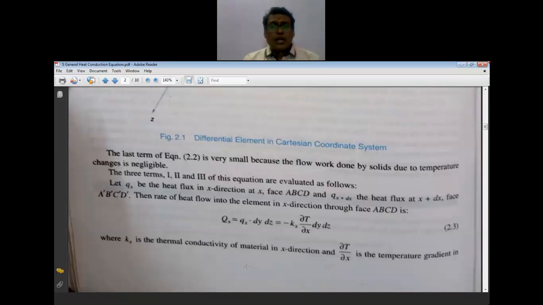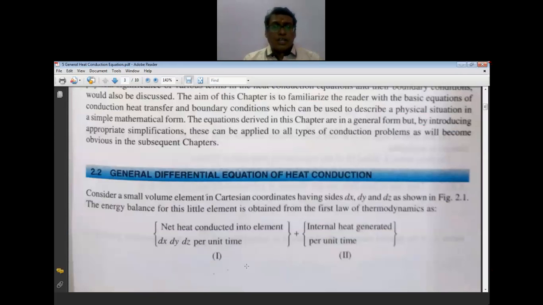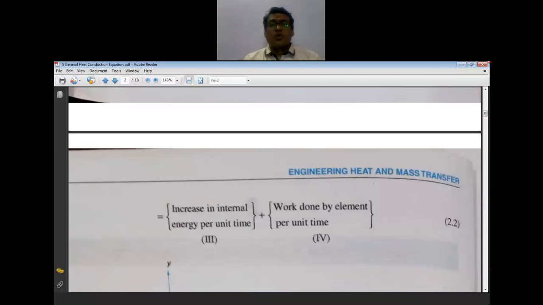So the net heat conducted into the element, plus the internal heat generated, is equal to the increase in the internal energy per unit time plus the work done by the element per unit time.